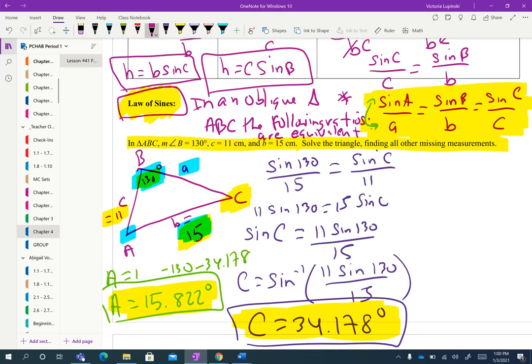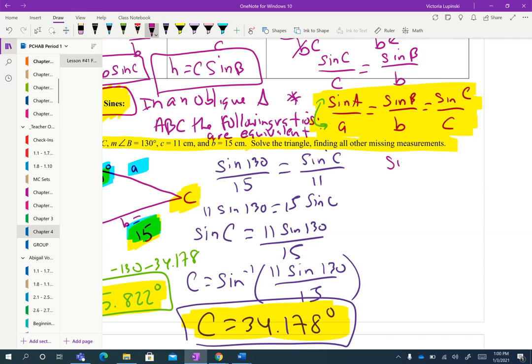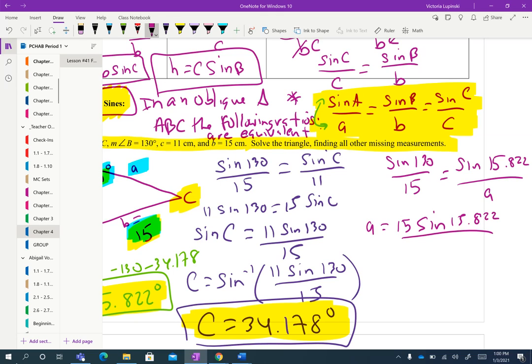From here, I'm going to go ahead and set up a second ratio. I'm going to say that the sine of 130 over 15 is going to be equal to the sine of 15.822 over A. Cross multiply and divide, and you're going to get A is equal to 15 times the sine of 15.822 divided by the sine of 130.